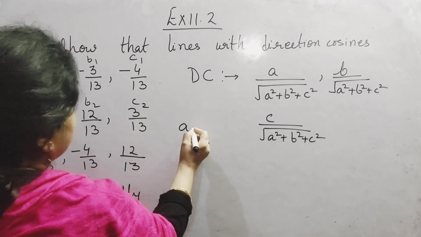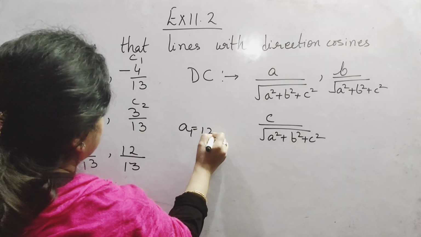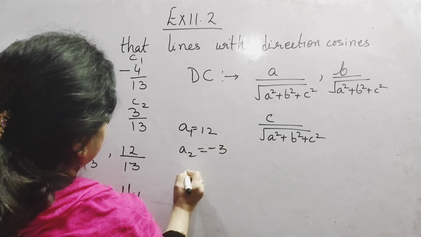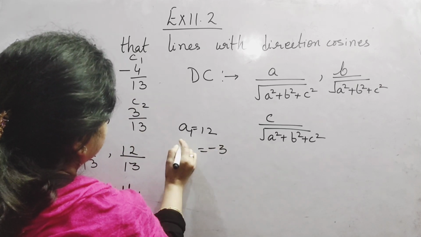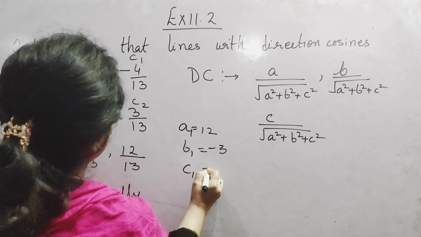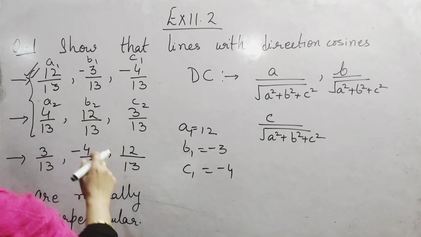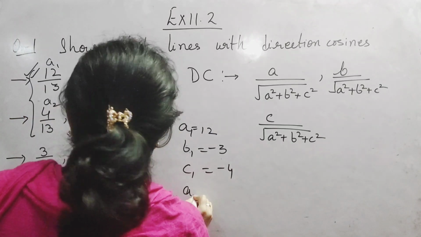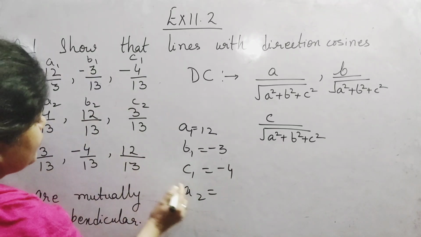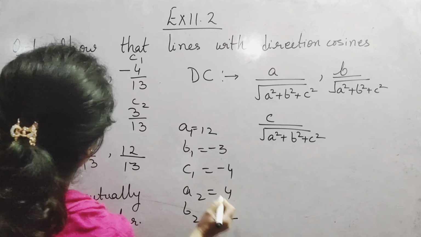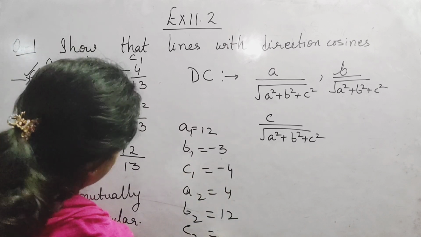From here we have the value of a1 is 12, value of b1 is minus 3, and value of c1 is minus 4. Similarly, for the second line, value of a2 is 4, value of b2 is 12 and value of c2 is 3.